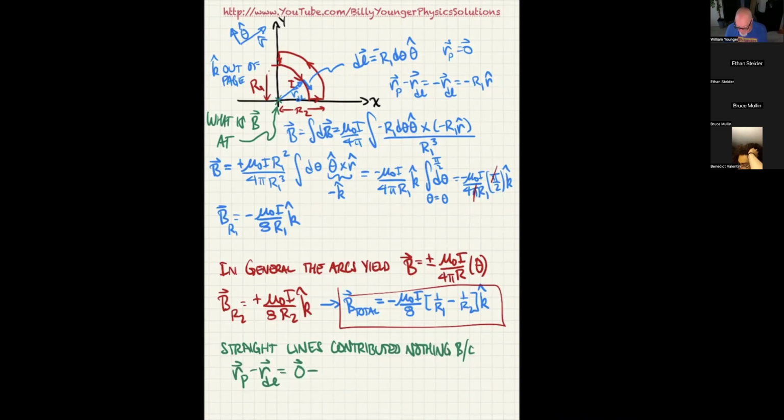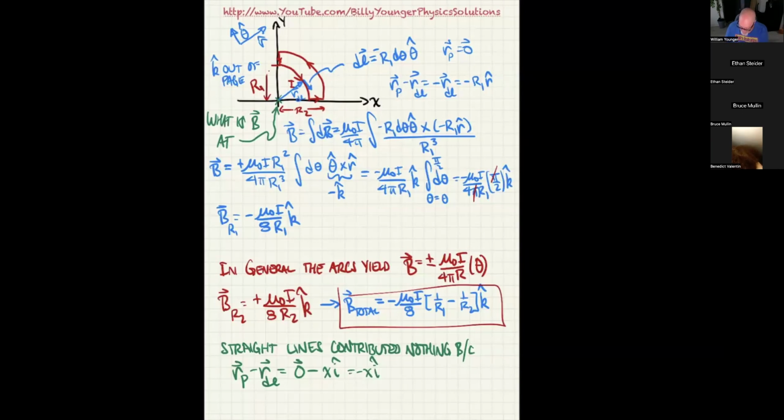That's just going to be some x i hat, which is negative x i hat.